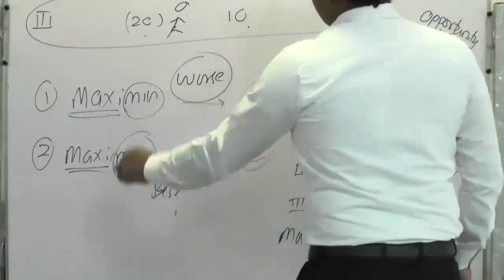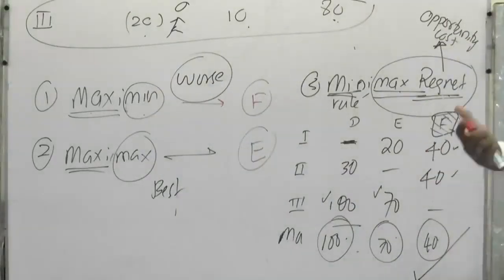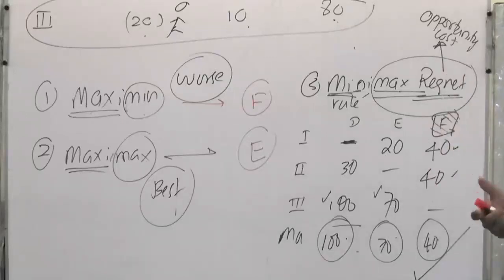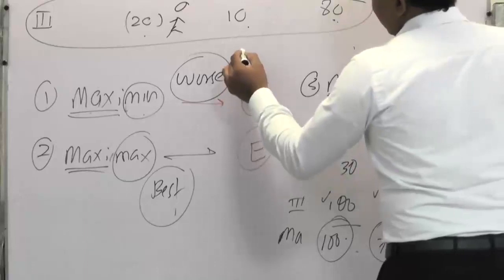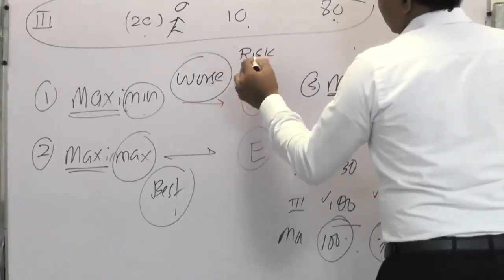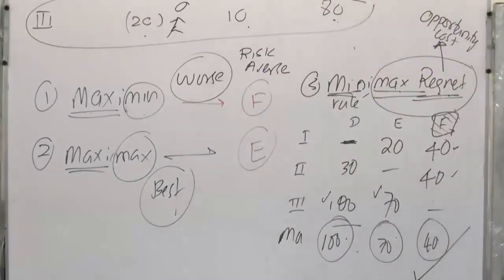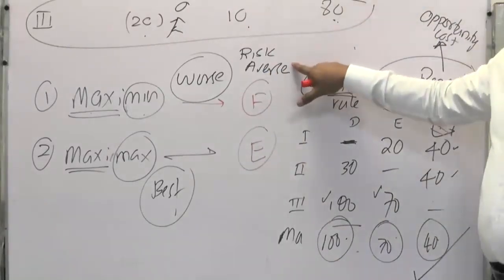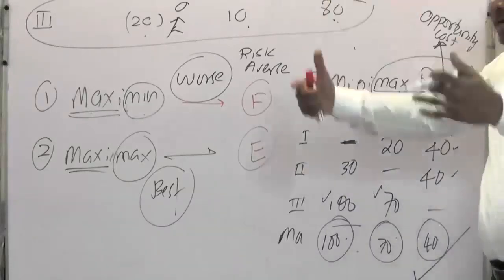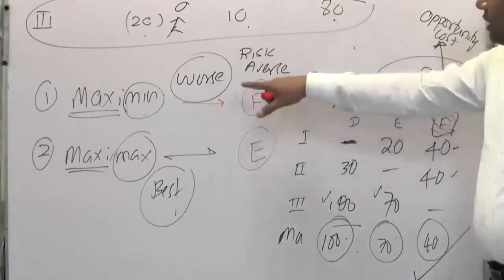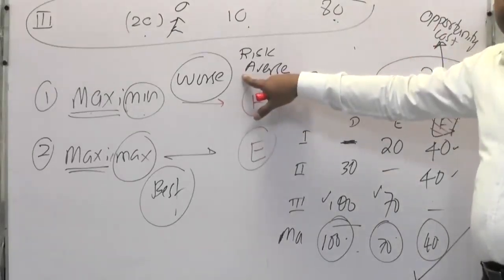Generally, when you always think of the worst scenario, that is called negative thinking. When you always think about the best scenario, that is called positive thinking. From the investor perspective, the worst scenario is the risk averse investor. A person who doesn't like to accept risk always thinks negatively, about the worst scenario.